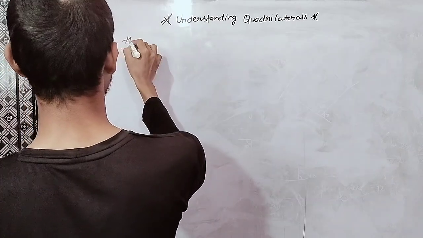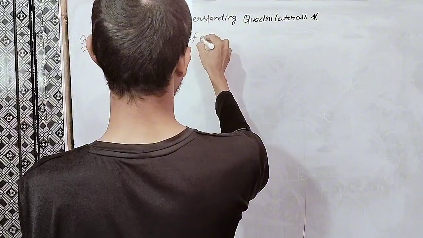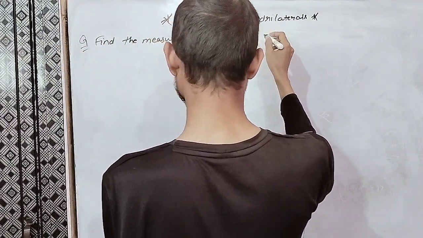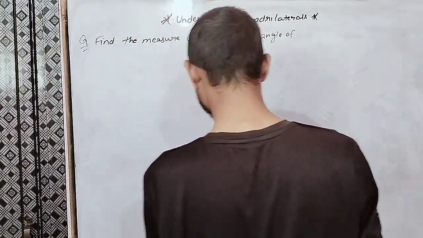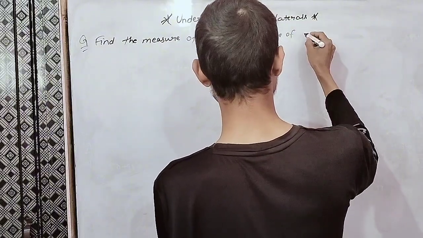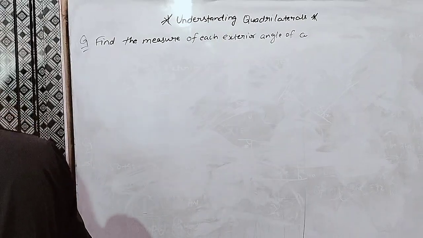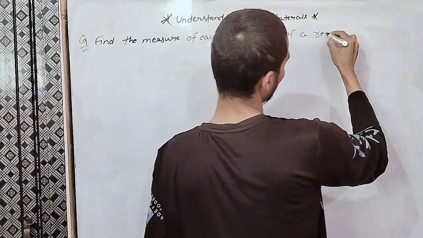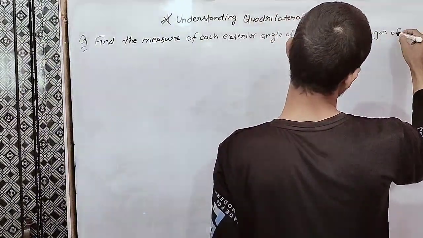Find the measure of a regular polygon of 9 sides.